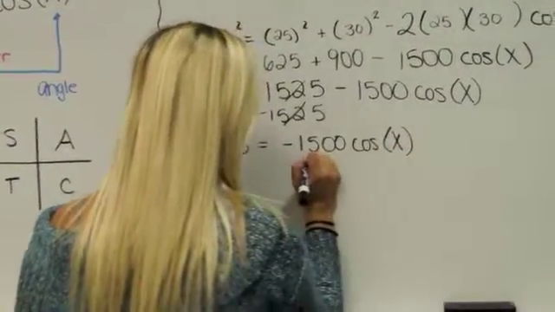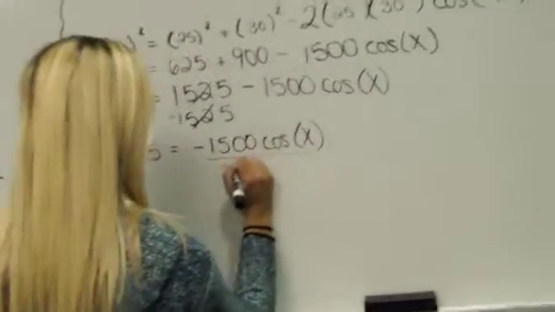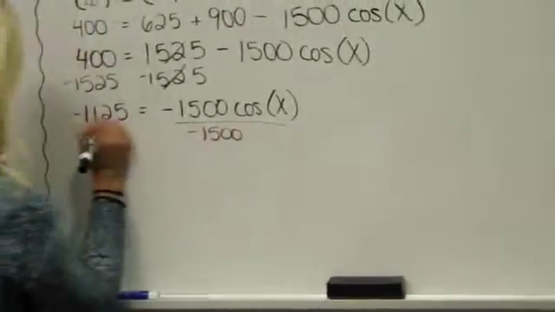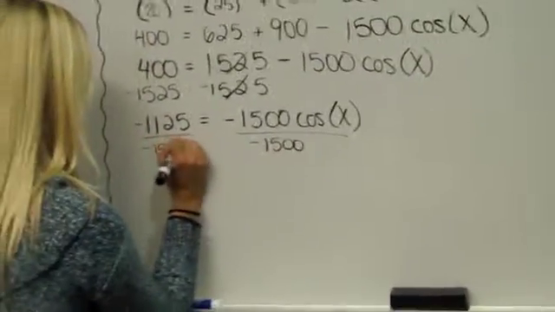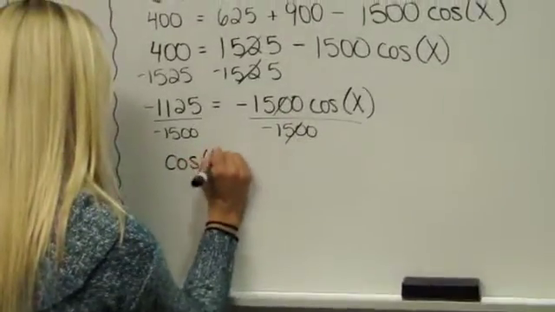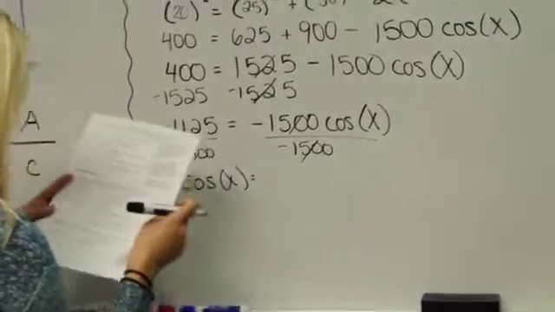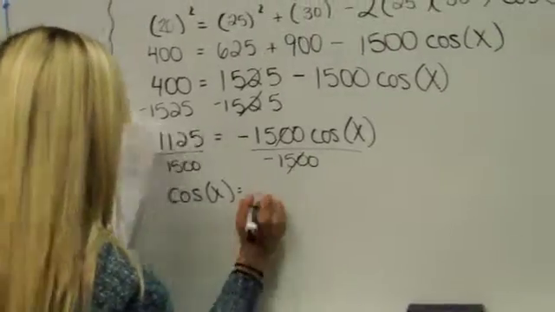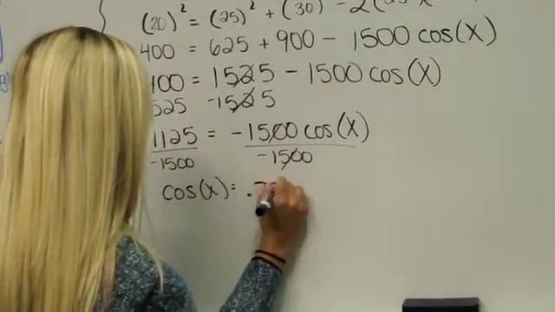So now you would divide by your negative 1500. And you would have cos x equal 0.75.